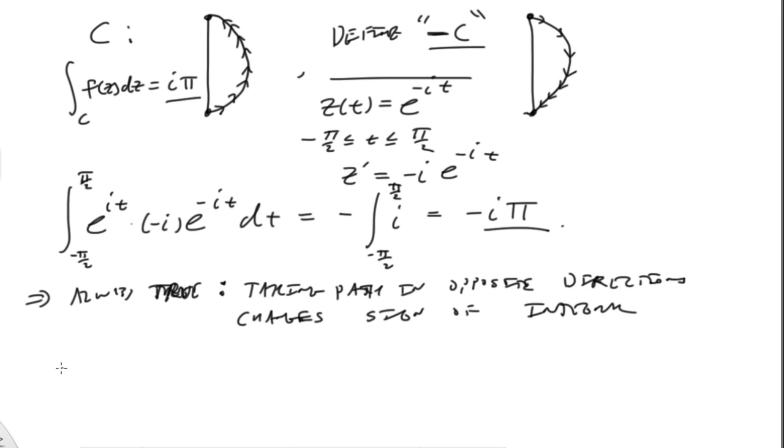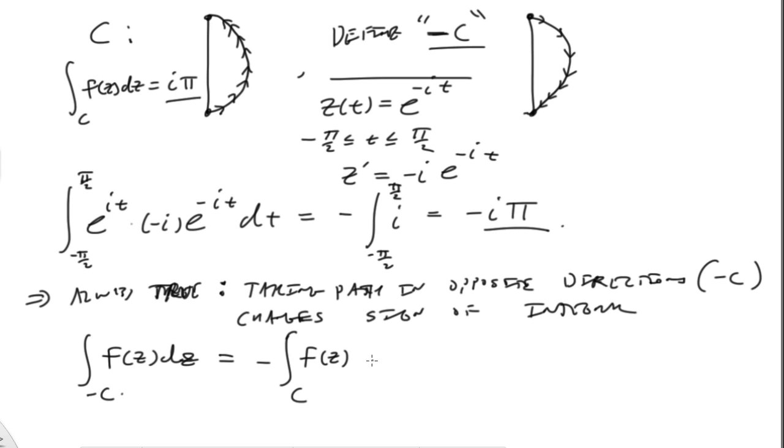So we have a symbol for that. We write it as this. That's what I mean by negative c. If I take this path, the negative path, it's the same as taking the positive path, but assigning a negative sign to it. So depending on convenience, because it's easier to compute one way or the other, or it's more conceptually simple, you can always just take the negative at the end if you want it going the other direction.